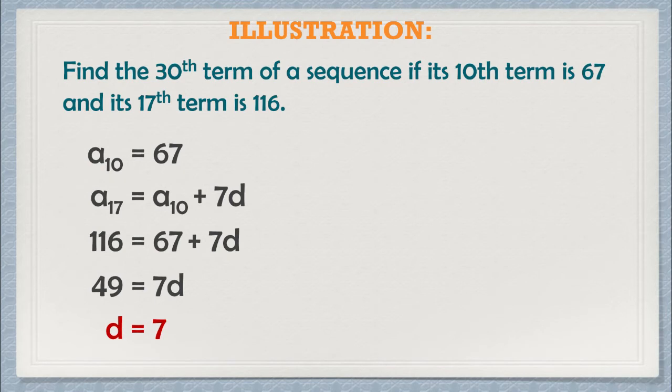Now we're also given the 30th term here. So we can also use this formula. A sub 30 will be equal to a sub 10 plus 20d. Where did we get this 20? Remember, this is from 30 minus 10.